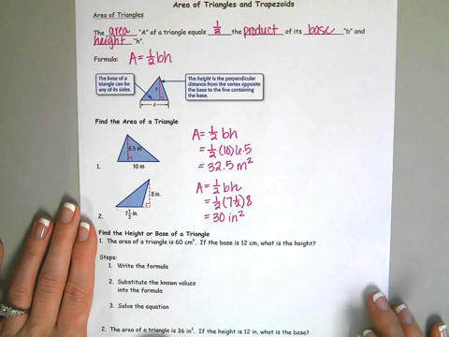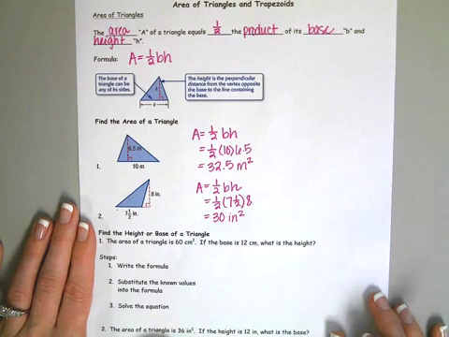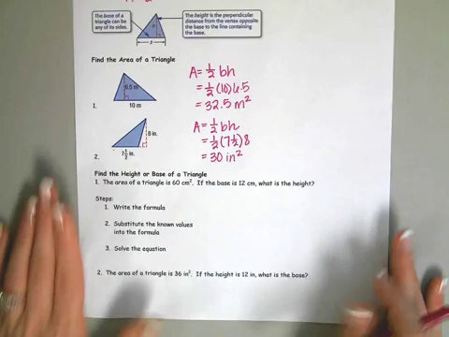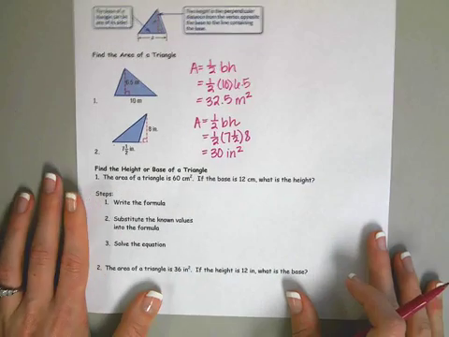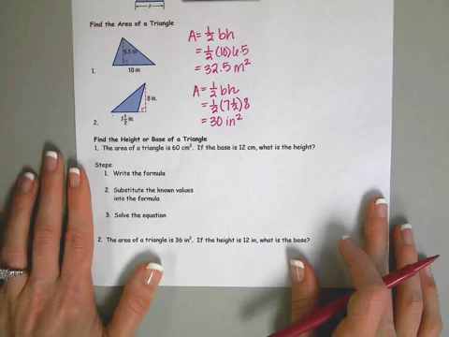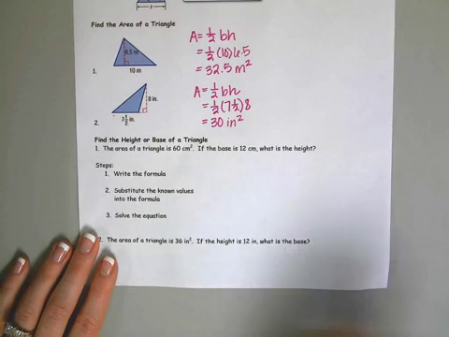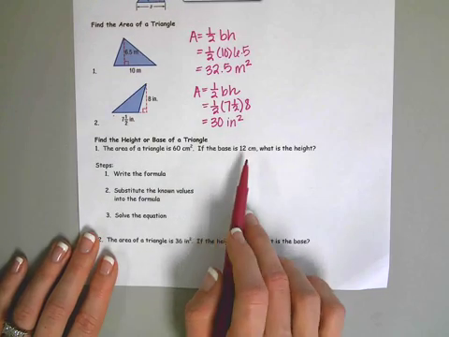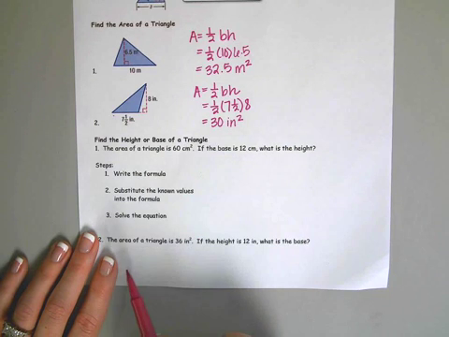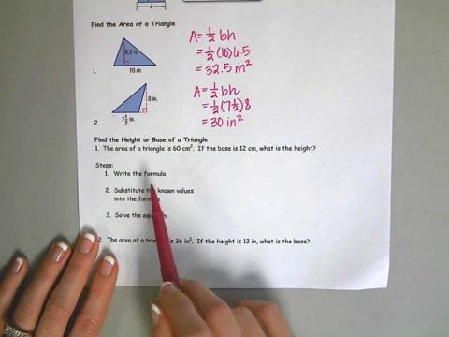We also need to be able to use the formula of finding the area of a triangle to find the height or the base of the triangle, just like we did with parallelograms. So let's look at an example of that. The area of a triangle is 60 centimeters squared. If the base is 12 centimeters, what is the height? So first step is always to write the formula.